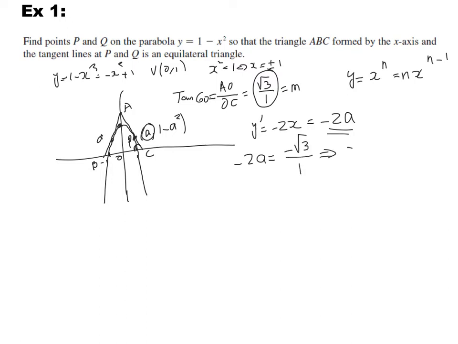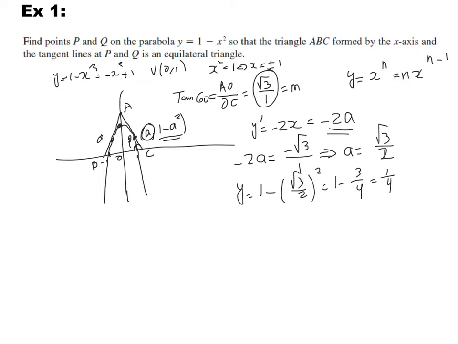So from here I get a is square root of 3 over 2. So y is 1 minus a squared, which is 1 minus square root of 3 over 2 squared, which is 1 minus 3 over 4, which is 1 over 4.